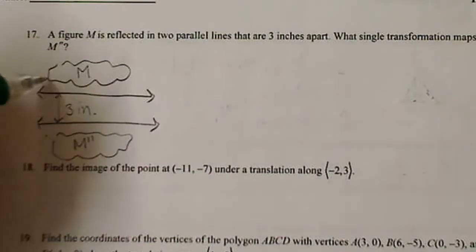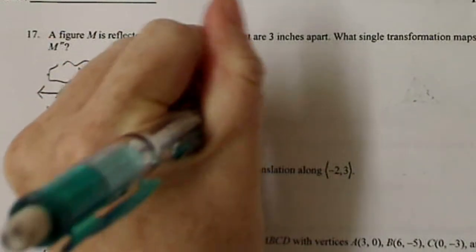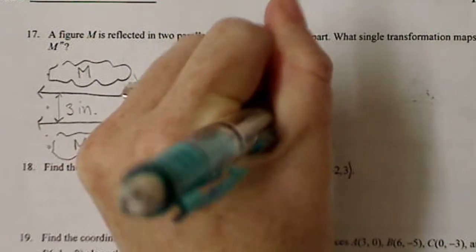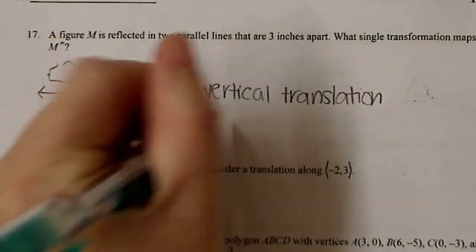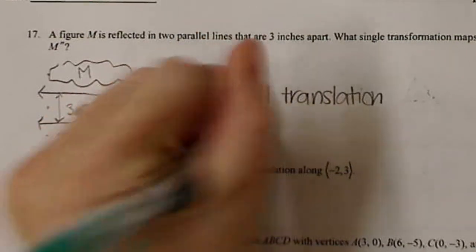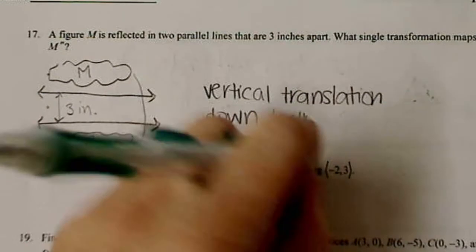So if from here to here is 3 inches and here to here is 3 inches, how far did it go down if I just wanted to do a single transformation? Well, it went down vertically, so vertical translation down, gotta say what direction, 6 inches.